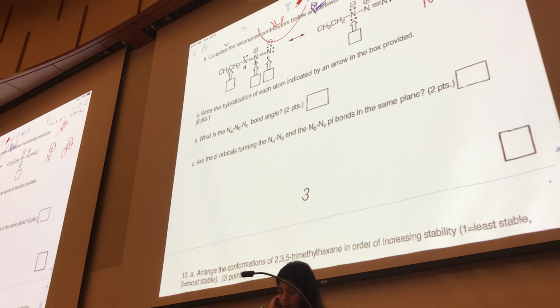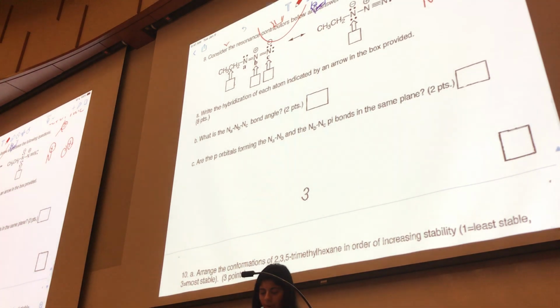Okay, so for number 9, let's look at it. Circle the resonance contributors below and answer the following questions. The first question says, write the hybridization of each atom indicated by an arrow in the box provided.